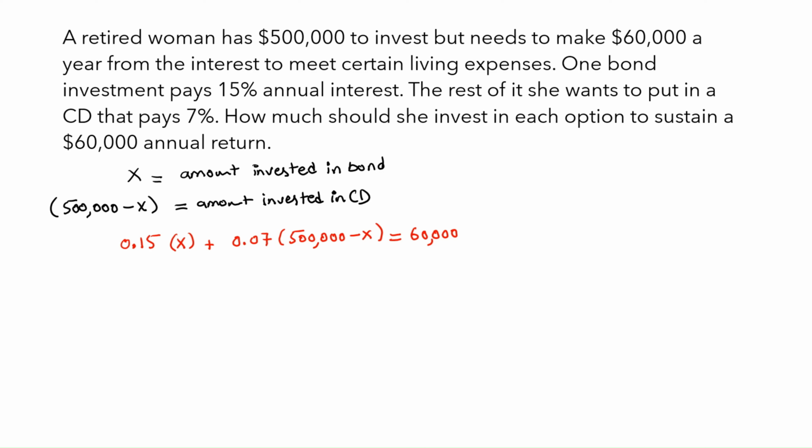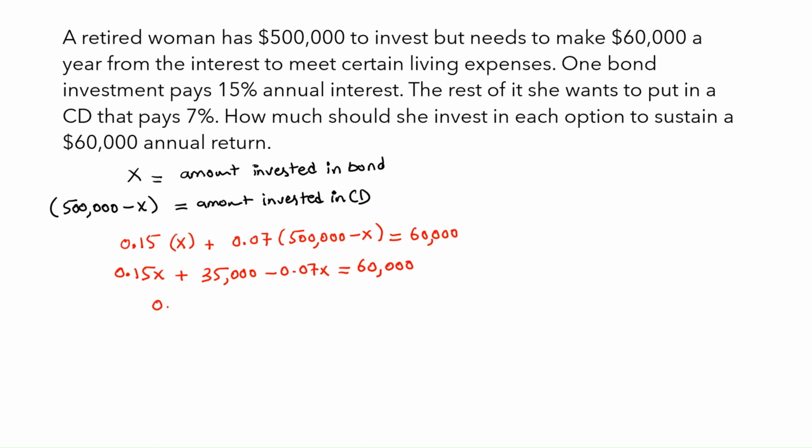Now, once we have this equation, let's go ahead and solve for the value of x. So this will become 0.15x plus 0.07 times 500,000, that is equal to 35,000, minus 0.07x, that is equal to 60,000. Now let's simplify.